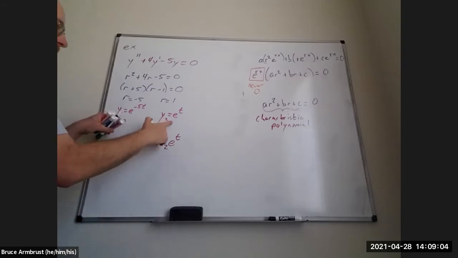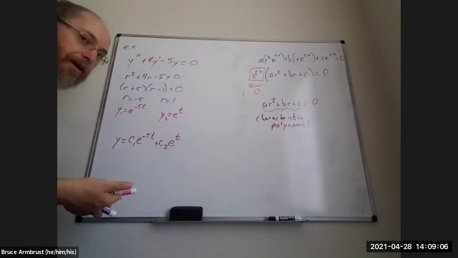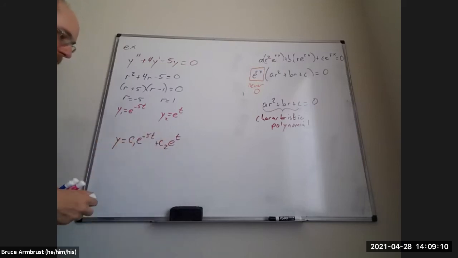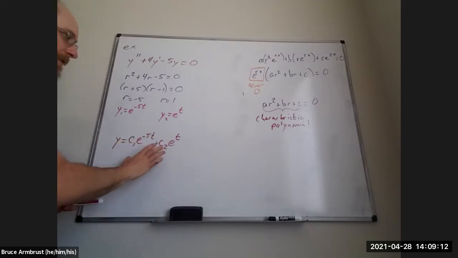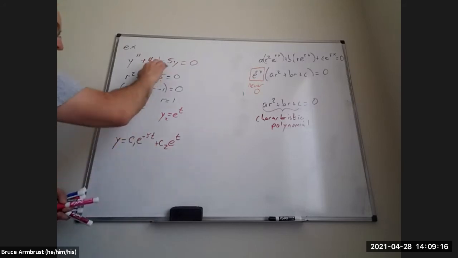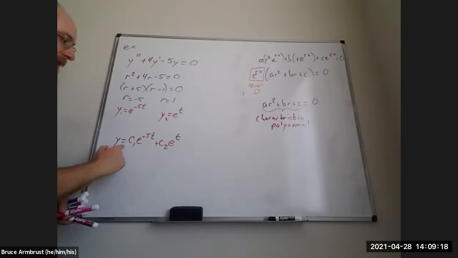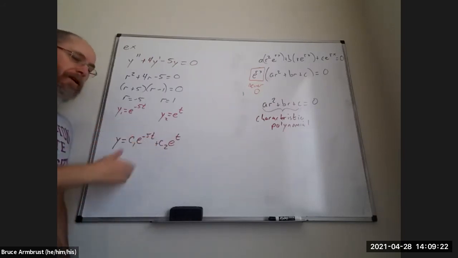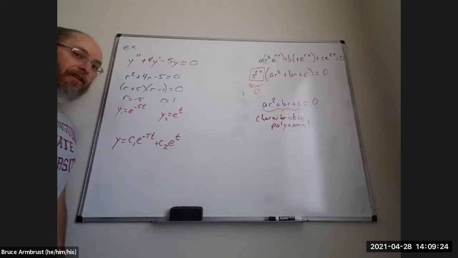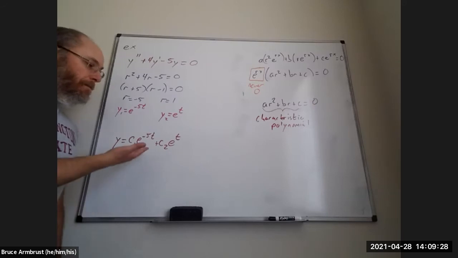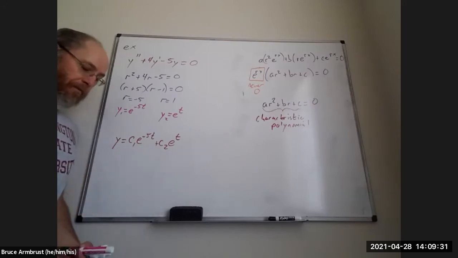So since they're solutions, we've already proven that linear combinations of solutions are solutions. So this is also a solution, but this covers it. All solutions of this original differential equation have this kind of form. And the C1 and the C2 are going to change depending on our initial conditions. But there's your solution.